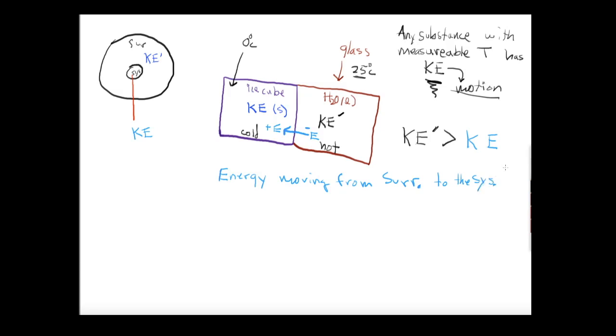And I'll abbreviate that. So energy is lost by the surroundings and exactly gained by the system, right? And when I say that the surroundings lost energy, I'm not suggesting that it went off into the ozone somewhere. It was exactly transferred from this compartment to the ice cube, which is what we're calling the system.